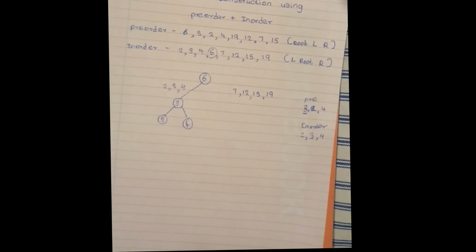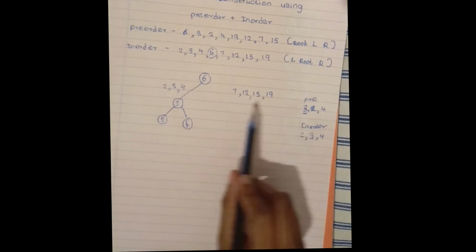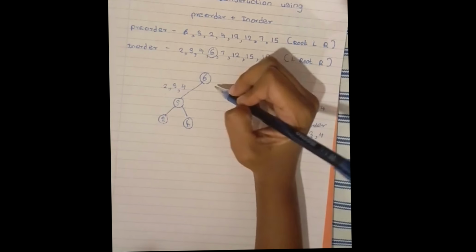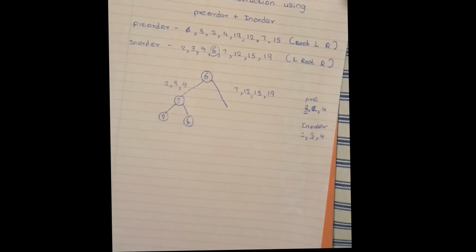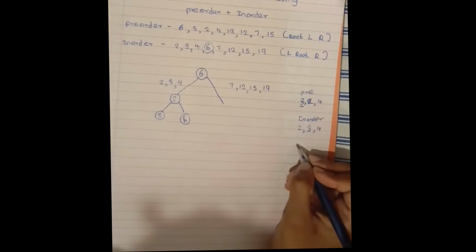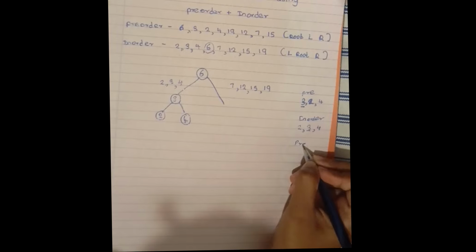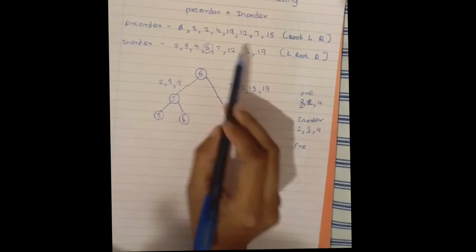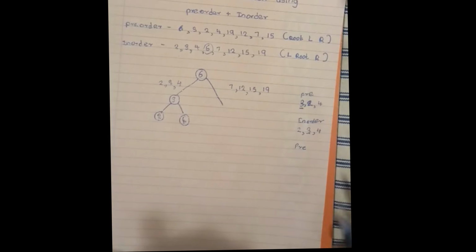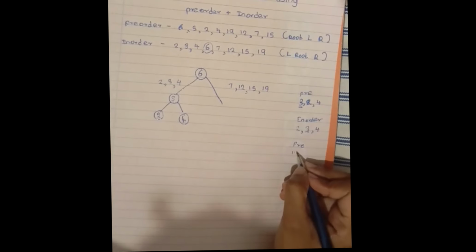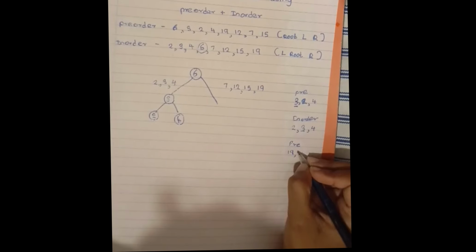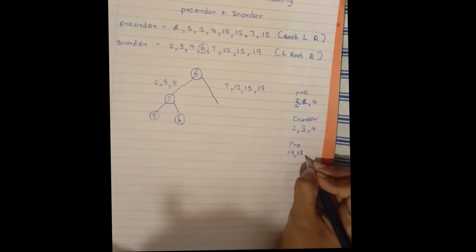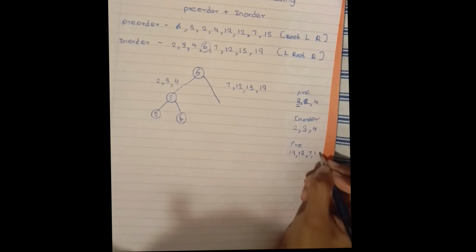Now the right subtree. Let's write down Preorder: 19, 12, 7, 15.